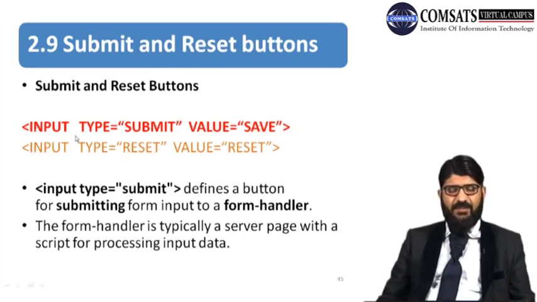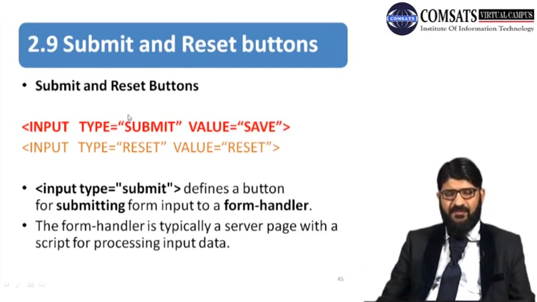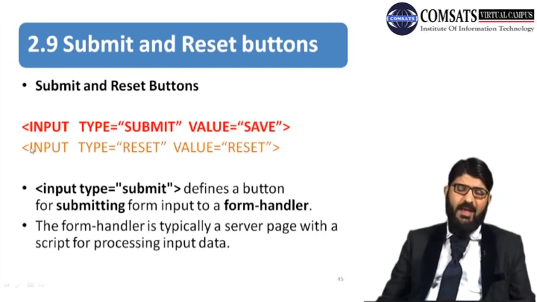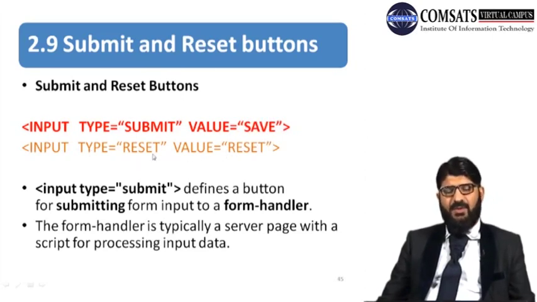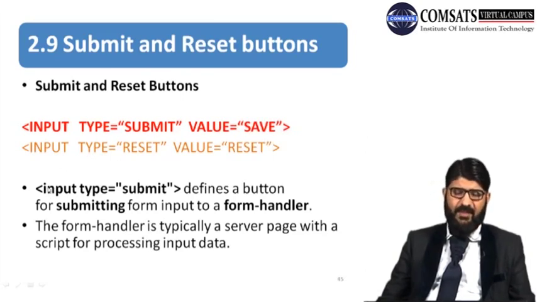So we mention input type is equal to submit, and value is save, to save these values that are mentioned in the form. And input type is reset, value is reset, so it will clear all the values on the form elements when you press the reset button.